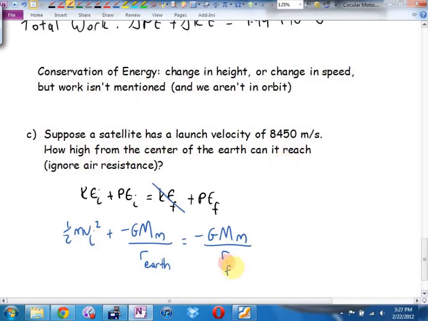Once you found this, what would you do with this answer at the very end to find the altitude? Subtract the Earth's radius. That's not a big stretch to ask. In fact, that's really what we'd be more interested in. We'd like to know, how high did it get? We measure our heights from the Earth's surface, not from the middle of the Earth. But the math works from the middle of the Earth.